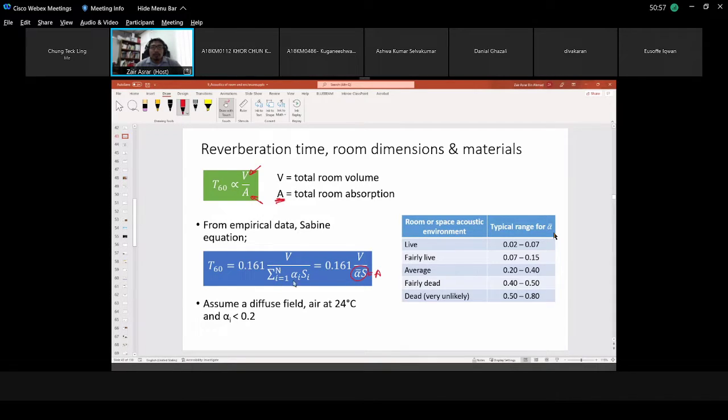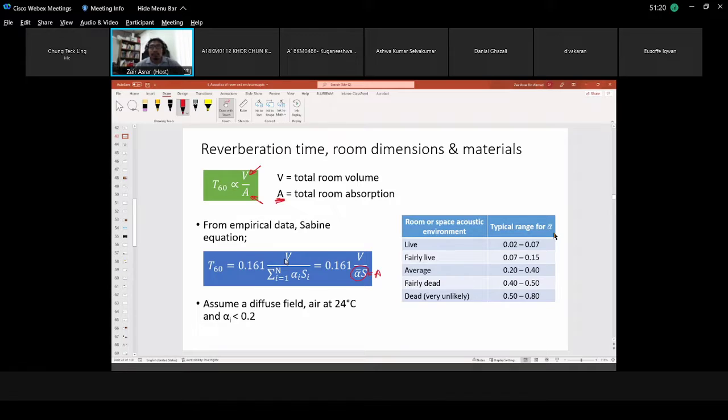And this equation is valid only if we assume that we have a diffuse field, and the absorption of all materials inside this area is less than 0.2. Basically, there is some reflection as well. It's a fairly live region, or more than average, I would say.